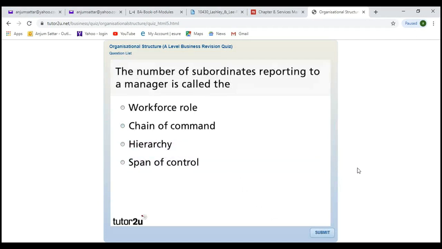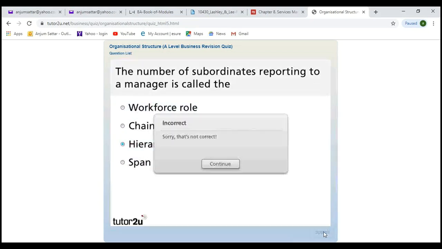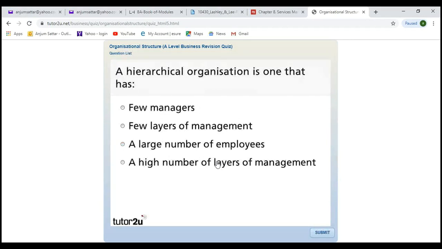The number of subordinates reporting to a manager is called a hierarchy? Nope. A hierarchical organization is one that has a large number of layers.